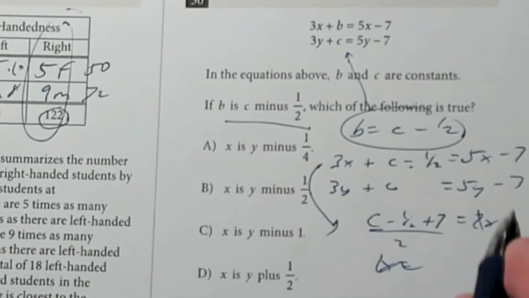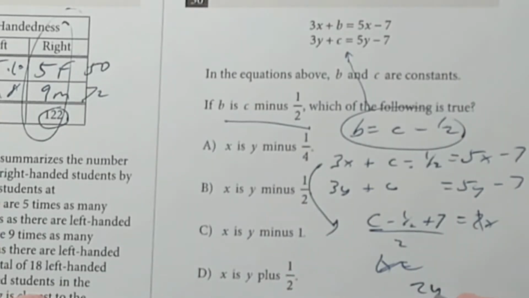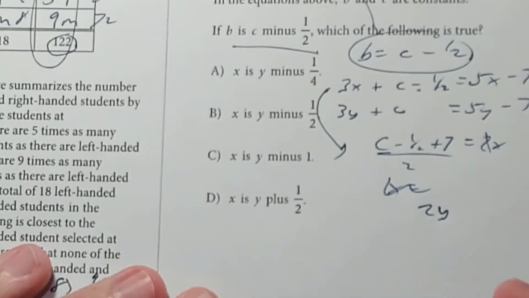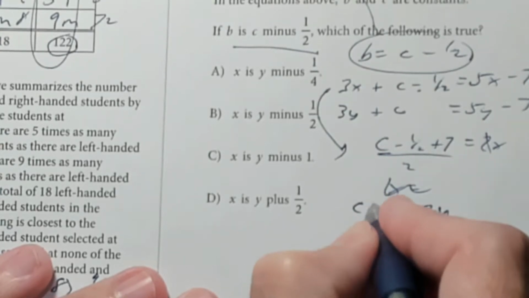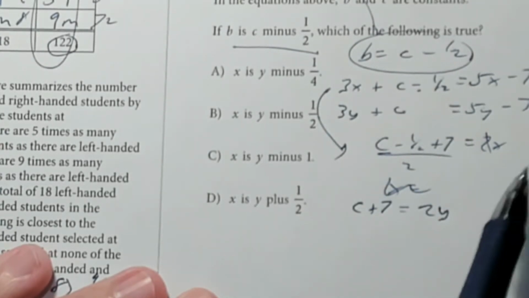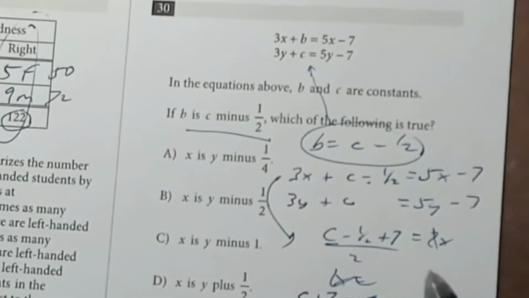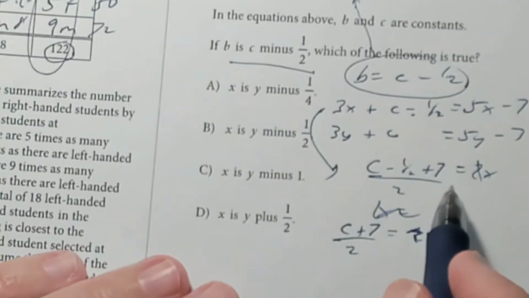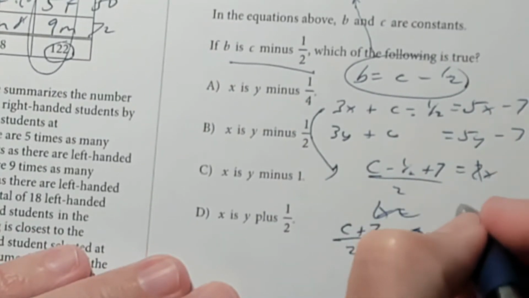Okay, now let's solve for the y. So 3y, so you're going to get 2y on the right-hand side, c plus 7 on the left-hand side. So now y is c plus 7 divided by 2. So here, you've got x. X is all this. So what does x equal?